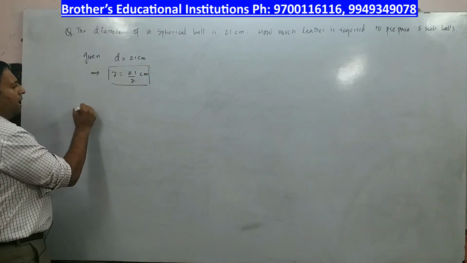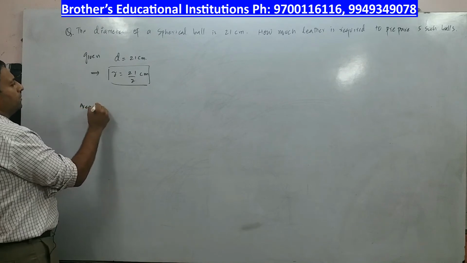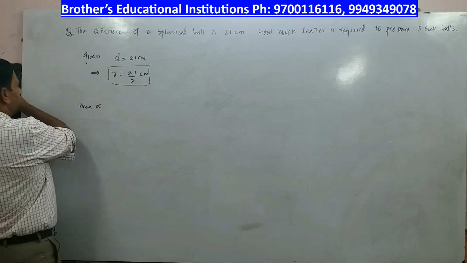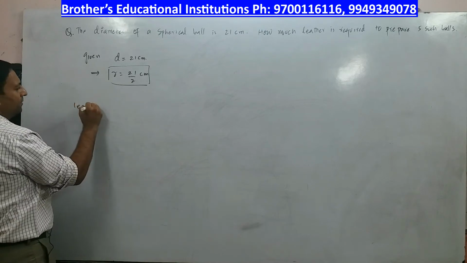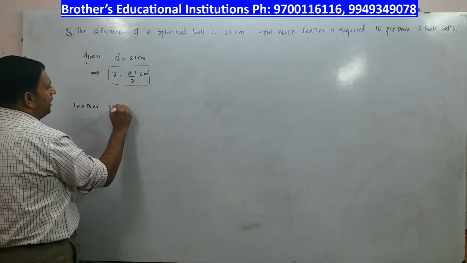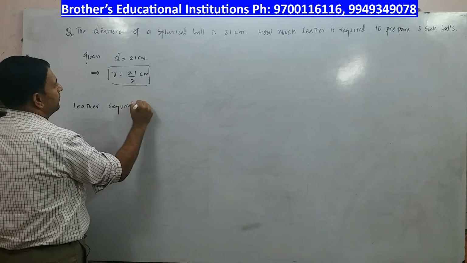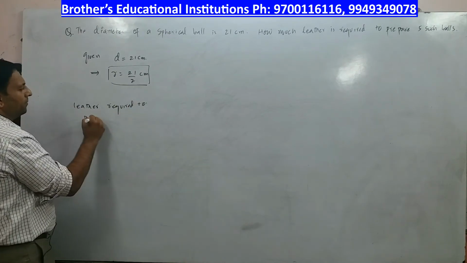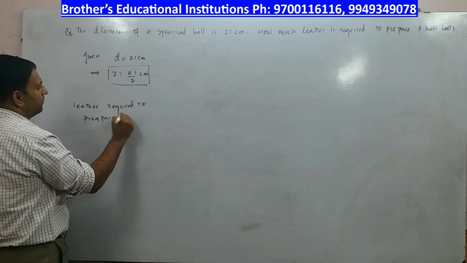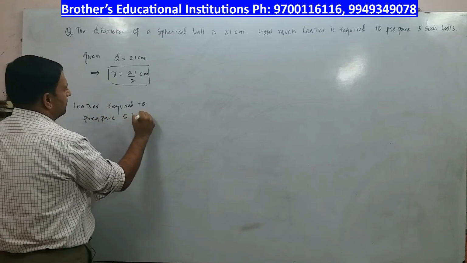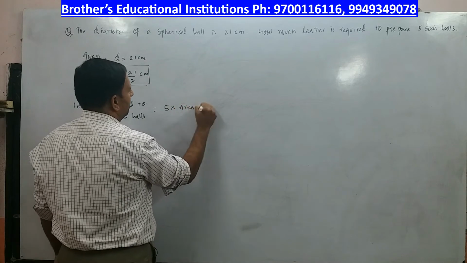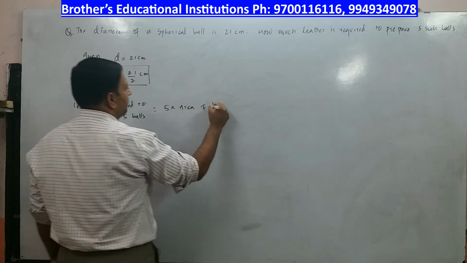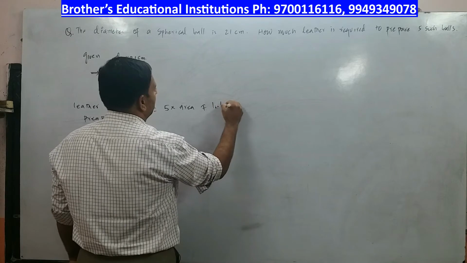So, leather required to prepare 5 balls is equal to 5 into area of 1 ball.